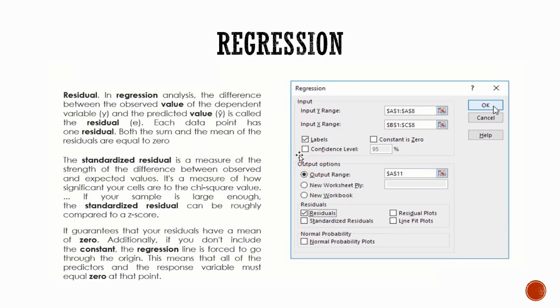There are also other options such as residual plots, standardized residuals, and normal probability plots. All these definitions have been written on the left side, and if you want to read them or understand more about the statistics, you can go through different articles or blogs on websites on Google.